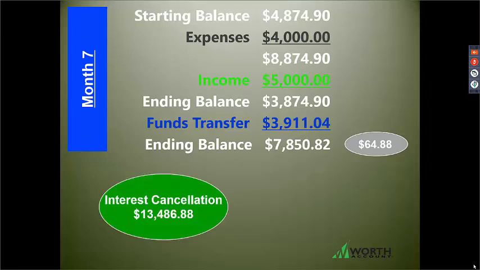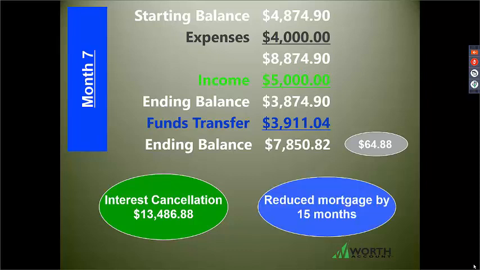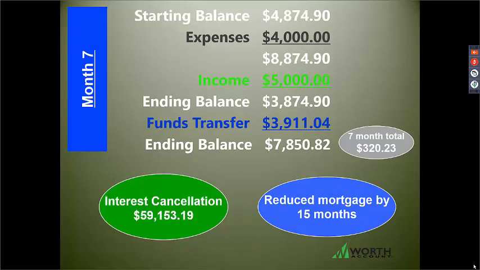Well, that funds transfer just canceled us another $13,000 in interest, $13,486 in interest, and reduced our mortgage by 15 months. In the last 7 months, we've paid $320 in interest, but we've reduced our mortgage. We've canceled on our amortized loan $59,000 in interest and reduced our mortgage by 61 months.